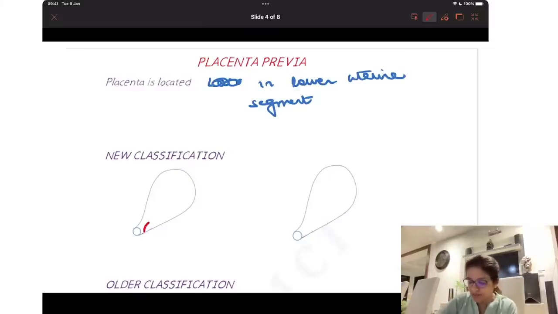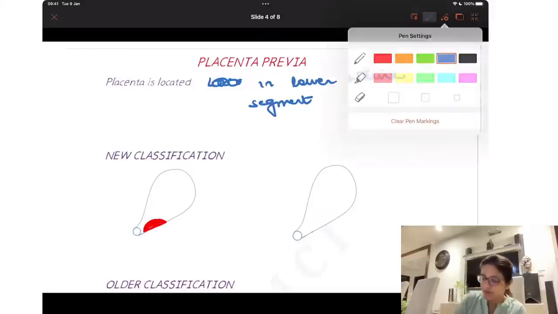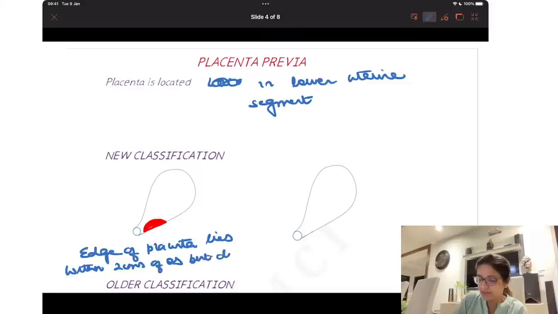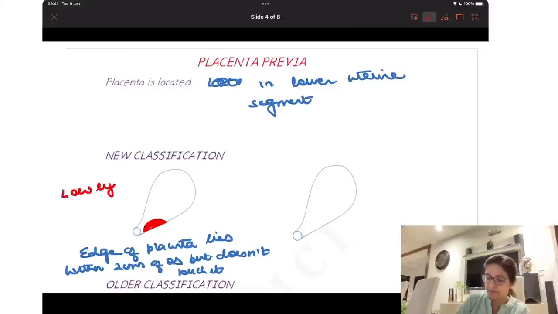According to the new classification, if the edge of the placenta lies within 2 centimeters of the os, but doesn't touch it, that means it is a low-lying placenta. Low-lying placenta का क्या मतलब हो गया?